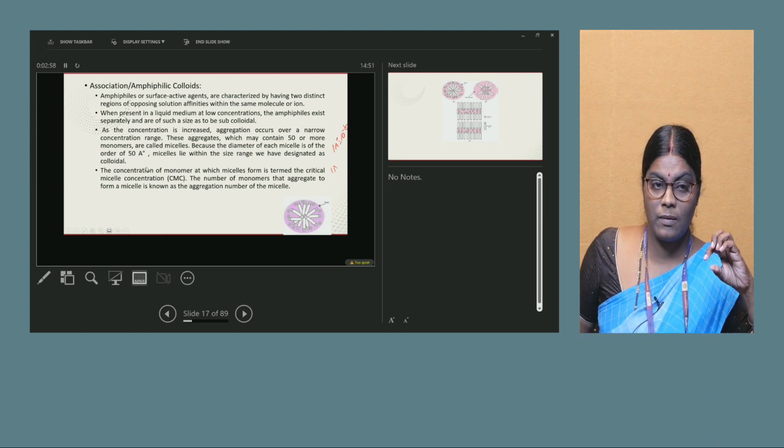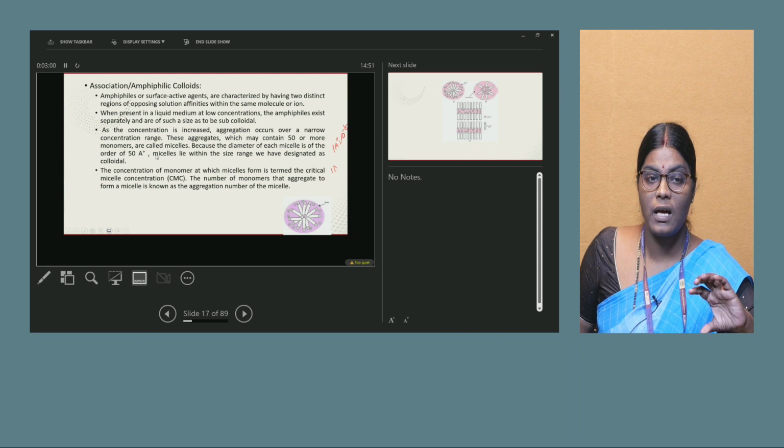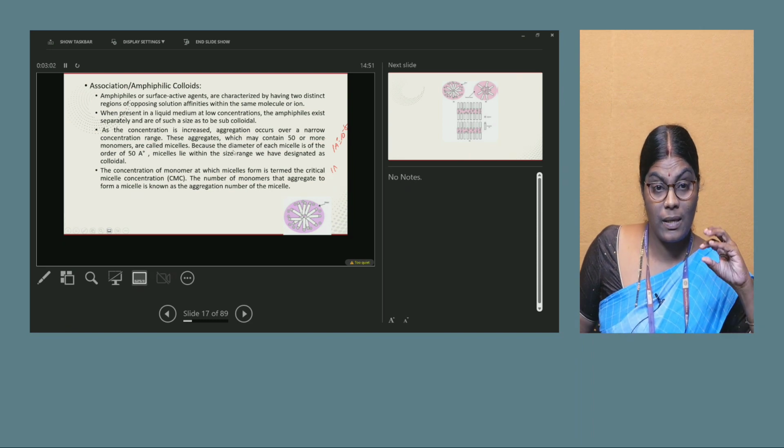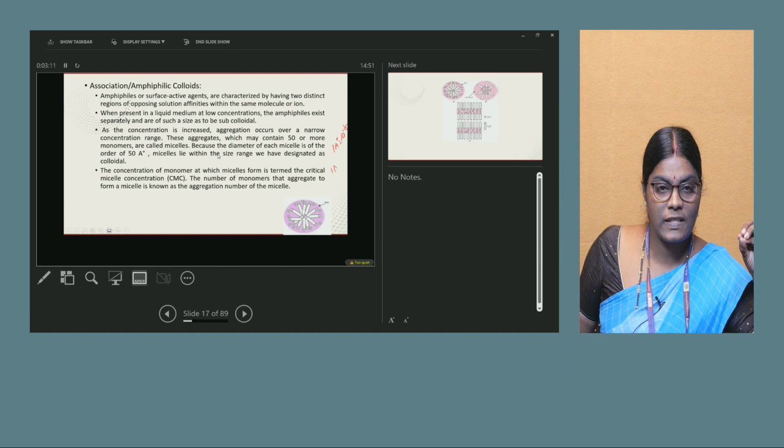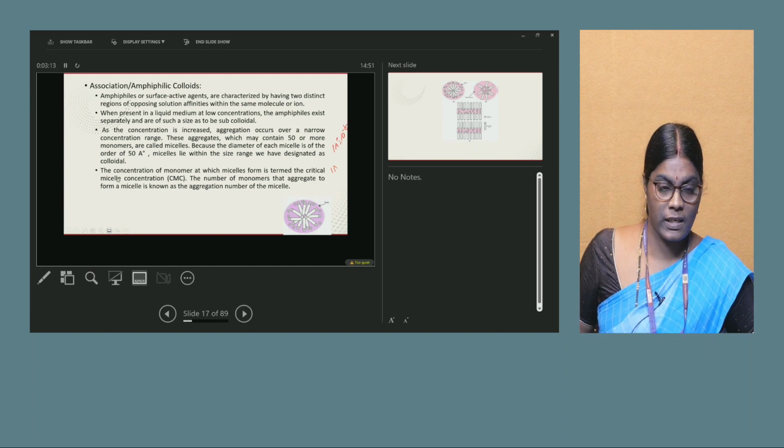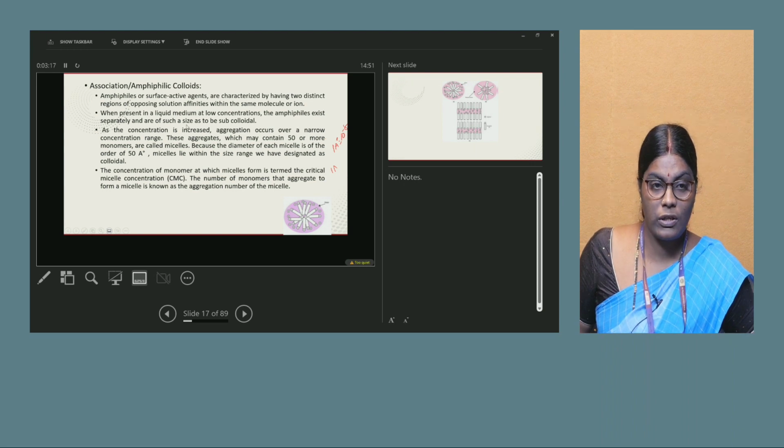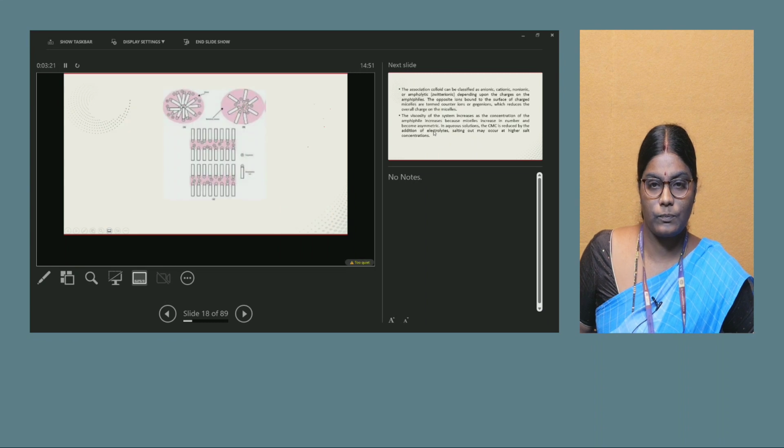Association of the surfactant molecules together forms a micellar structure. The micellar structure is having the particle size range of 50 angstroms nearly, and it is not having the molecular dispersion properties. Due to that reason, this solution of surfactant molecules is given as association colloids.